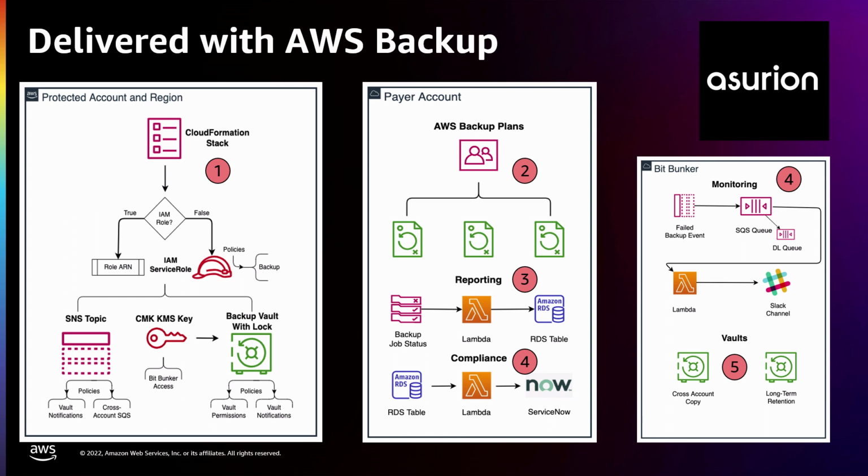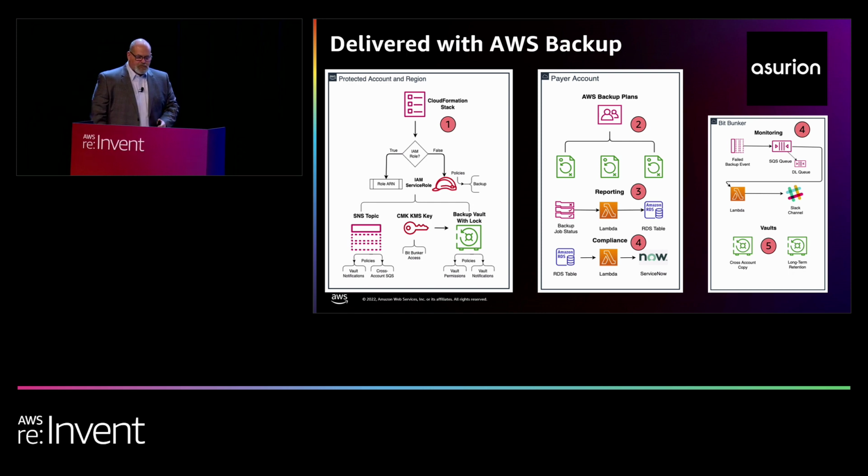If we look at the left, that first account is just a typical account that has resources that need protection. In the middle, we've got our organizations account for centralized management. And at the very end, we have what I call a bit bunker, but you also refer to it as a data bunker. That's my isolated air gap copy account.